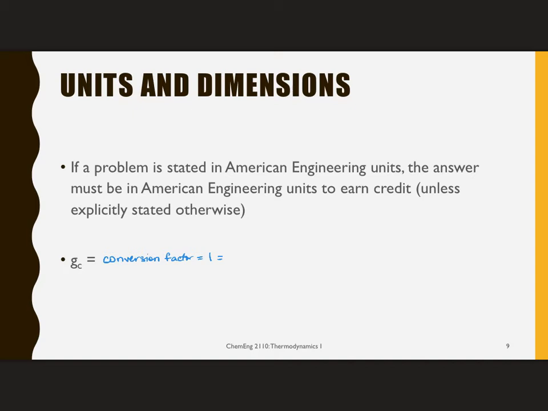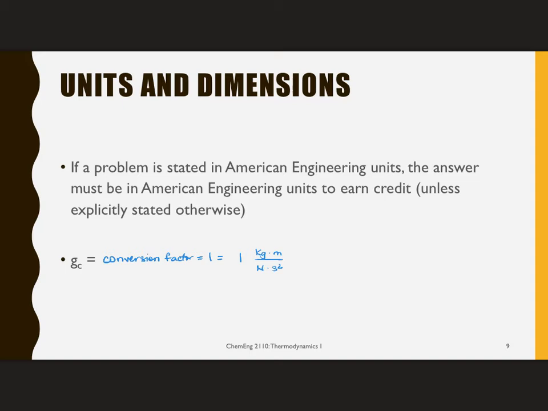We need g sub c because it relates to our gravitational acceleration, and it allows us to move from force units to mass units. In SI, this is simply 1 kilogram meter per Newton second squared is equal to 1, or a kilogram meter is a Newton second squared.